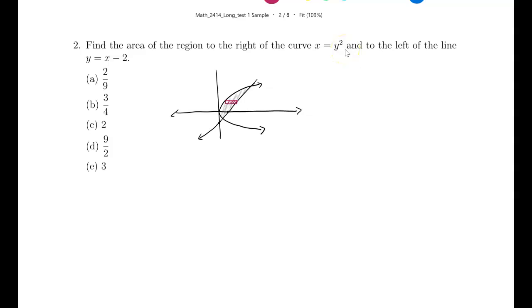When you write the area using a horizontal strip, the formula will be x at the right, so it's the function at the right minus the function at the left.